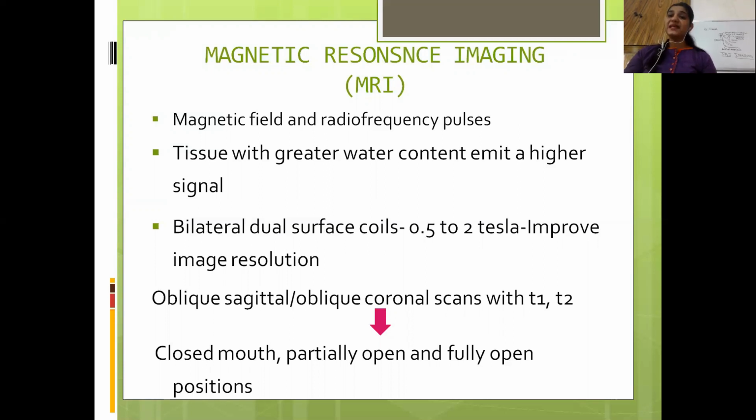Then oblique sagittal and oblique coronal scans with T1 and T2 are done. Closed mouth, partially open and fully open positions are shot. While the MRI is going on, we ask the patient to open the mouth, then to maximal opening, then again closing, so all the translatory movements are recorded in the scan.